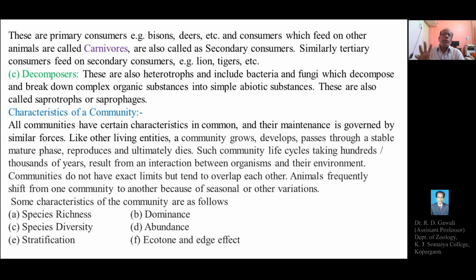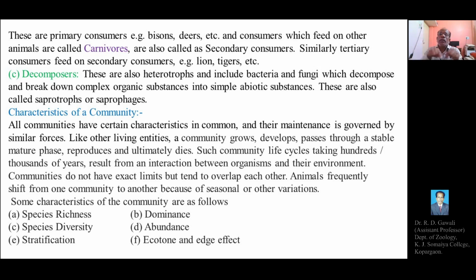So, for example, any community may be a forest community, an aquatic community, a pond community, or a sea or estuary. Whatever the habitats may be, terrestrial or aquatic, there are communities.